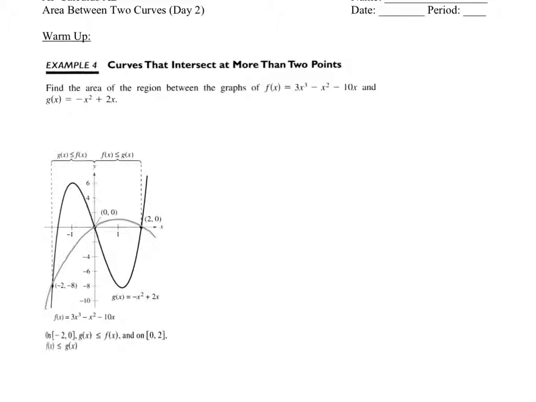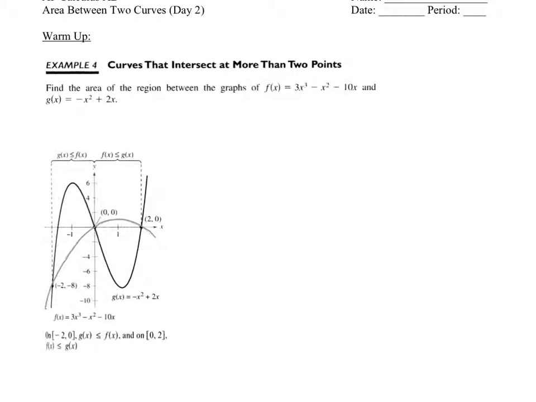So here we have f of x is 3x cubed minus x squared minus 10x, and g of x is negative x squared plus 2x. So the first thing, I know it's on the graph here, but remember the first thing we've got to do is find those intersections.